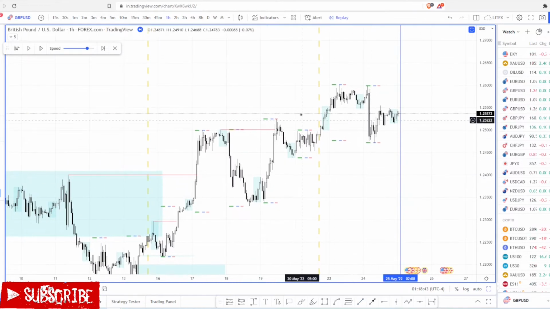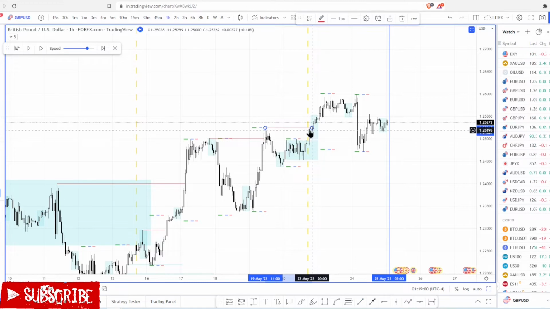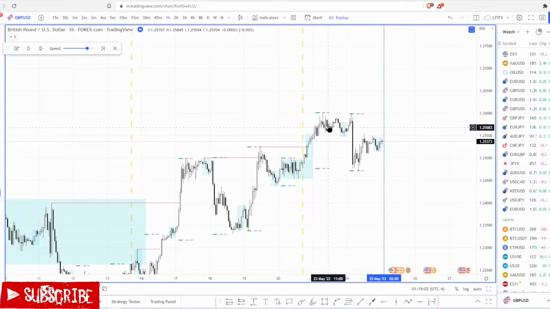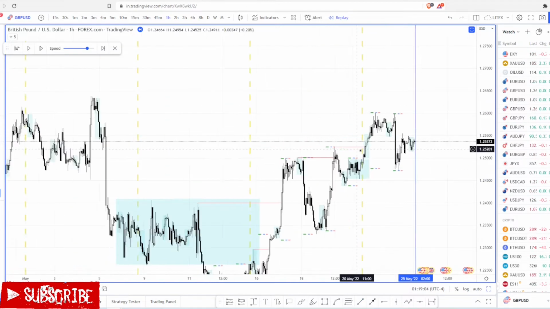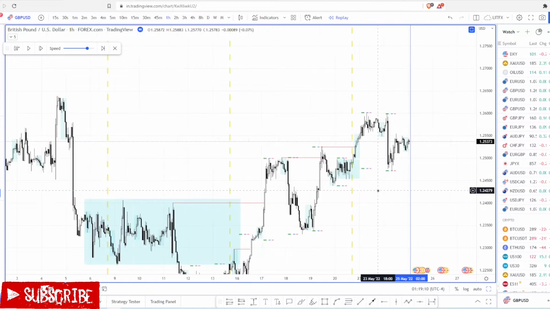Then you can see we have some consolidation on Friday. Then we broke the New York close. Is it London close? We broke it here. Then I was waiting for a proper retest, for a pullback at this particular point. I was waiting for a pullback.